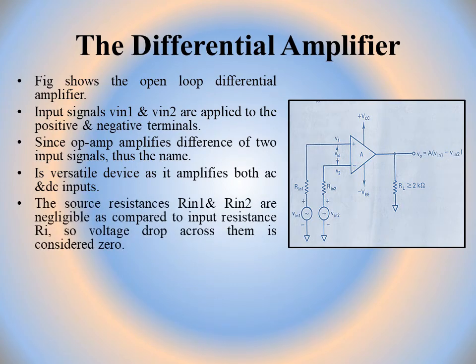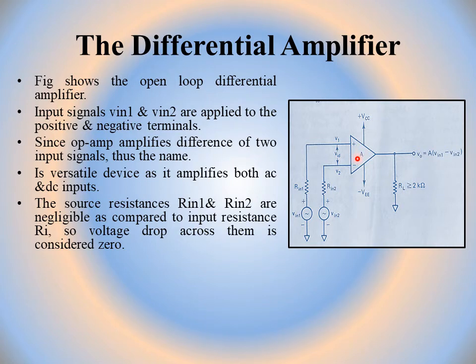The source resistances RIN1 and RIN2 are negligible as compared to the input resistance Ri, so the voltage drop across them is considered zero. Whenever we connect any signal, it has some source resistance. These resistances are shown here, but they are very small in value as compared to the internal resistance.